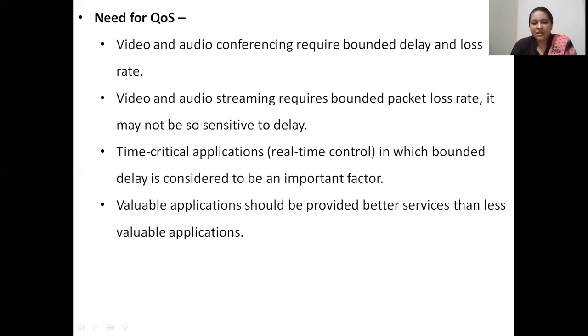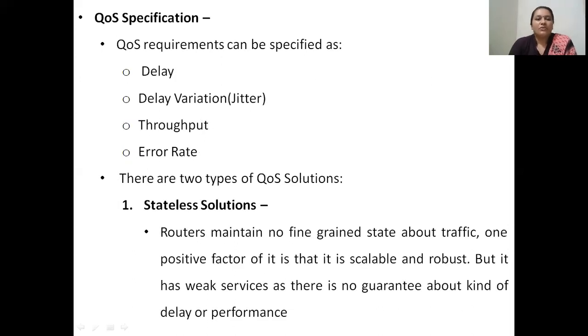So for such applications, the best of the best services should be provided compared to less valuable applications. So there should be a proper quality of service specification which deals with the needs of its users and provides services accordingly.